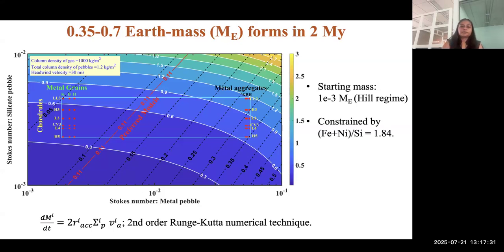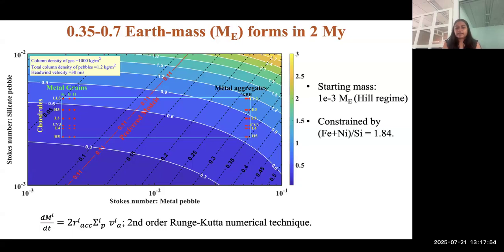Now, this whole contour map with this color scale and these white contours shows the planet mass in terms of Earth's mass I'm forming in the Hill regime of pebble accretion. The black dotted lines represent the metal fraction of the growing planets.